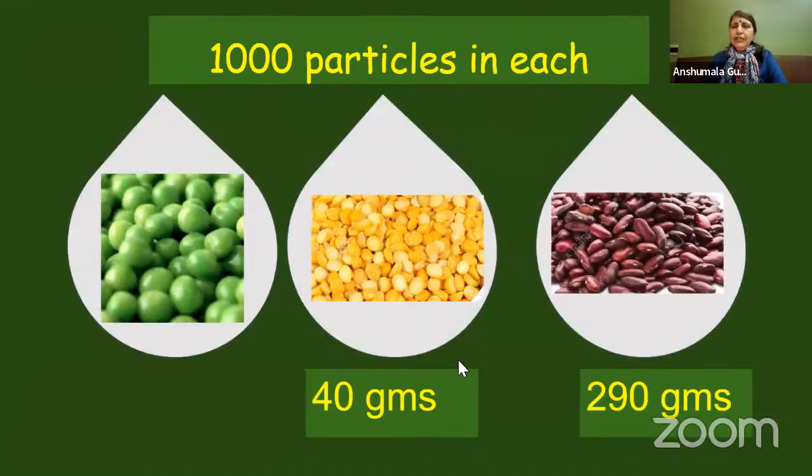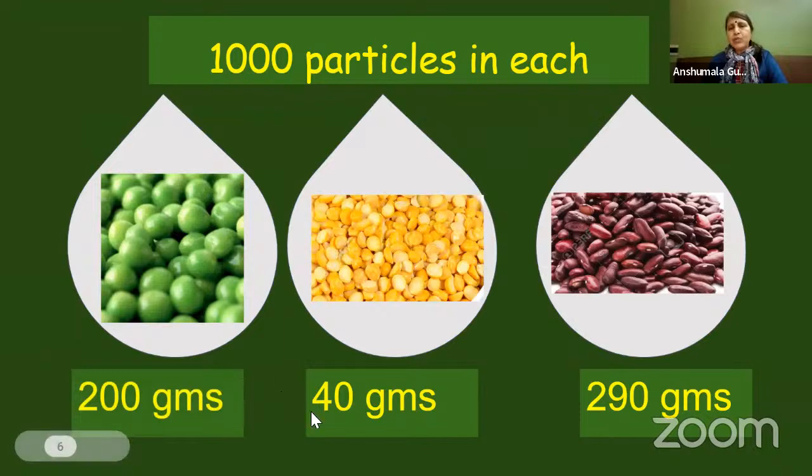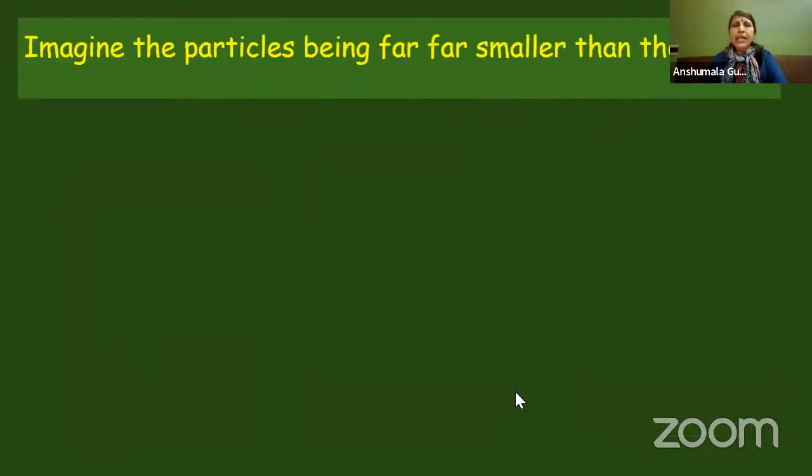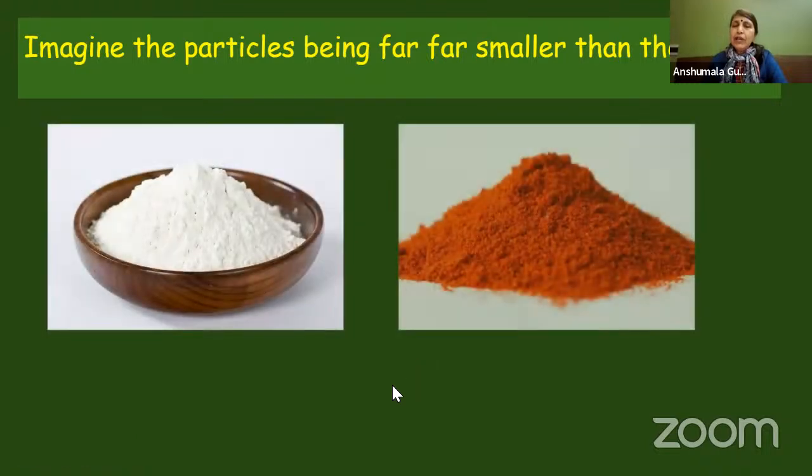So which I have shown, suppose we take in your recipe so much of each, then you have an equal number of particles in your recipe. Now, suppose the particles were very, very small, even smaller, and their numbers were very, very large.